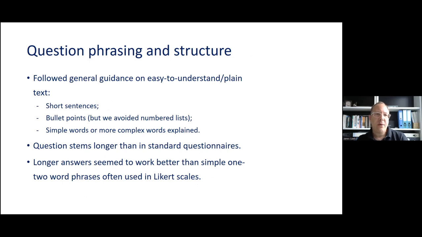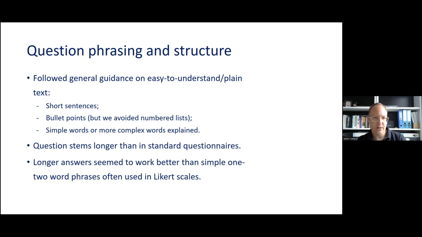So just to say a bit about the question phrasing structure. We followed general guidance on easy to understand plain text, use of short sentences, using bullet points. We avoided numbered lists when we tried that, as it created confusion with question numbers. So we used simple words, or where there were more complex words, these were explained.